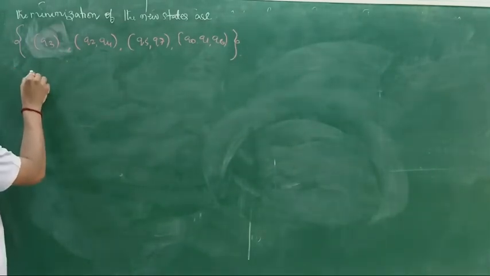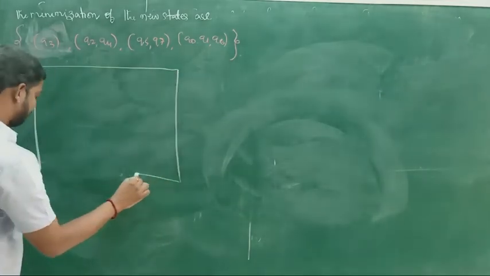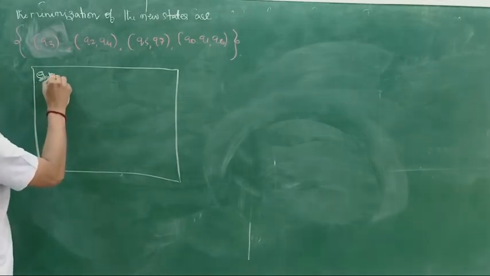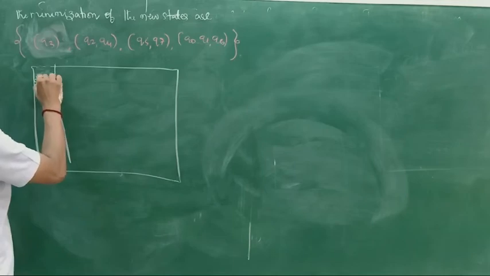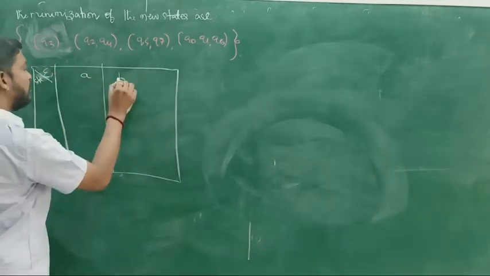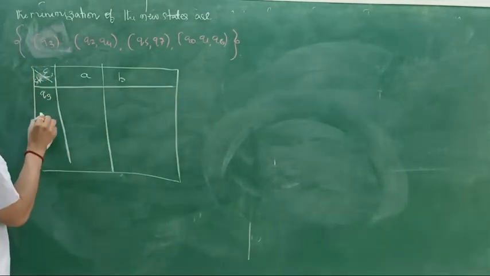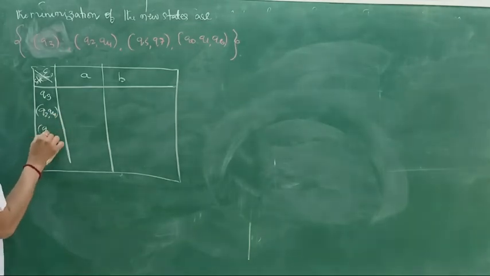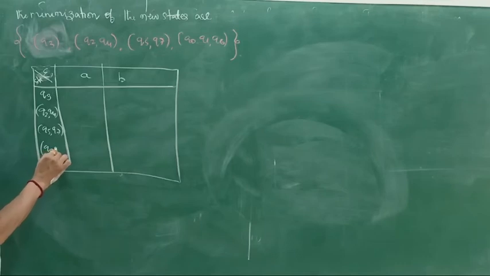Here is the transition table. This column is the states, and the next one is sigma. Okay, states comma sigma. I have given the inputs A and B. The new states are: first Q3, then Q2 and Q4, next Q5 and Q7, and next Q0, Q1 and Q6.